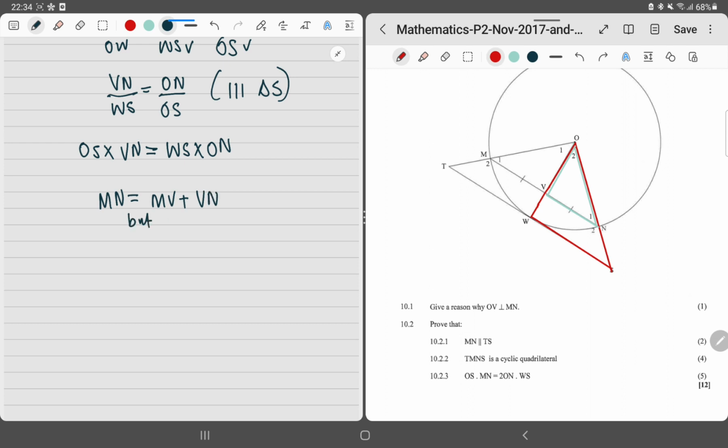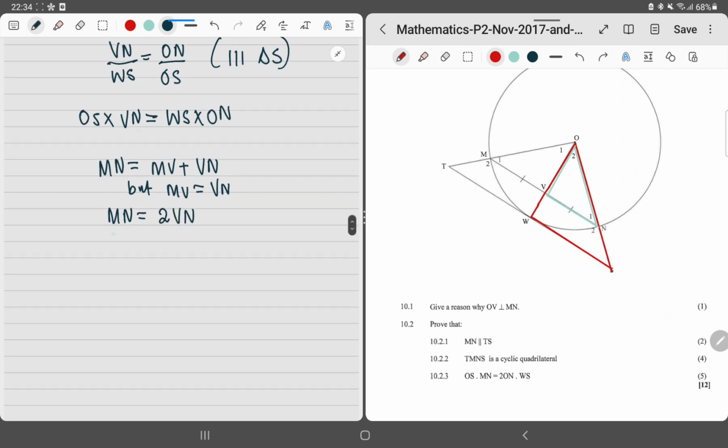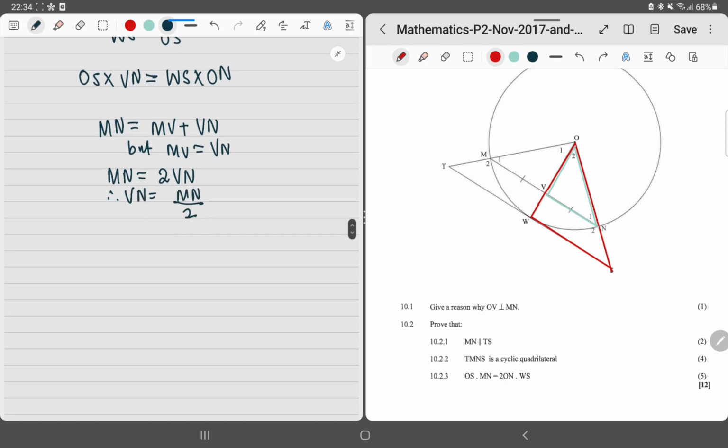But MV is equal to VN. So it means that MN is equal to 2 times VN. Therefore, VN is equal to MN over 2.